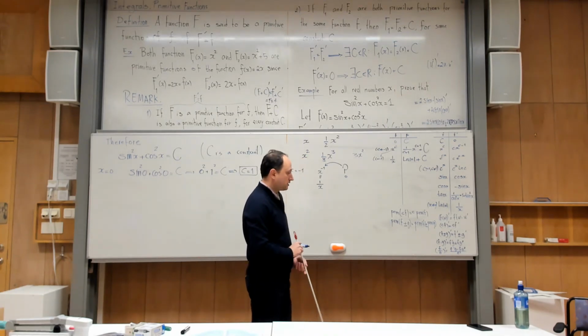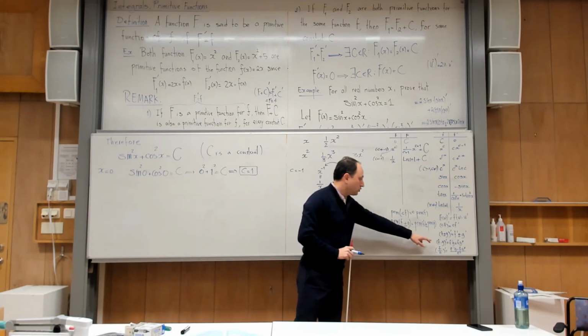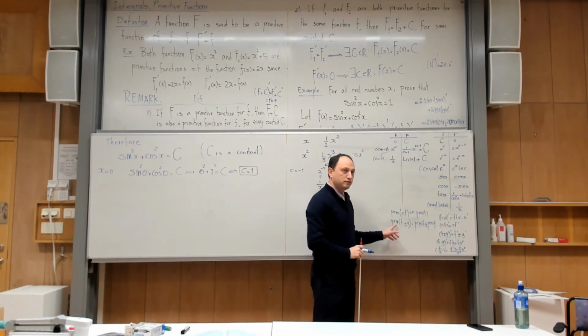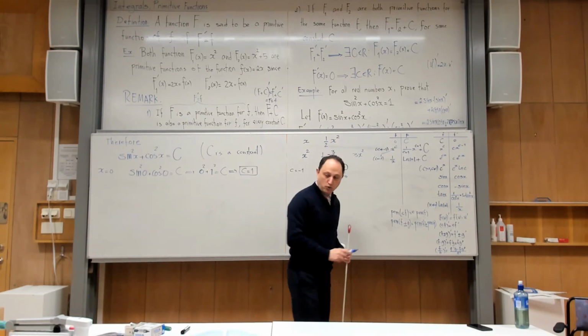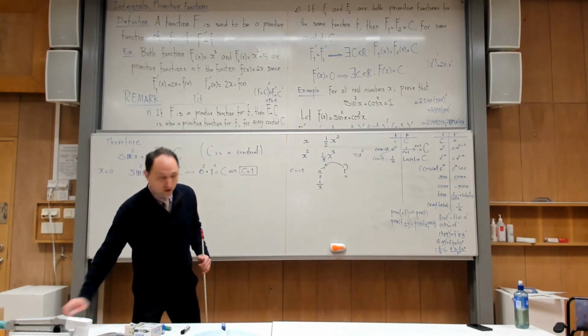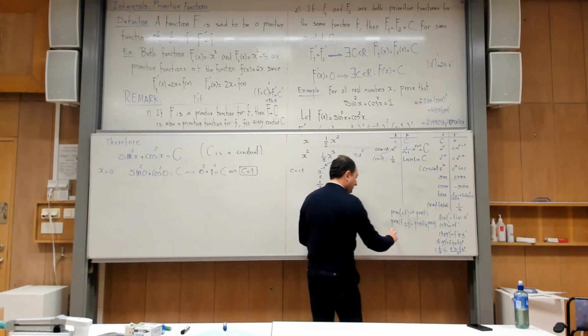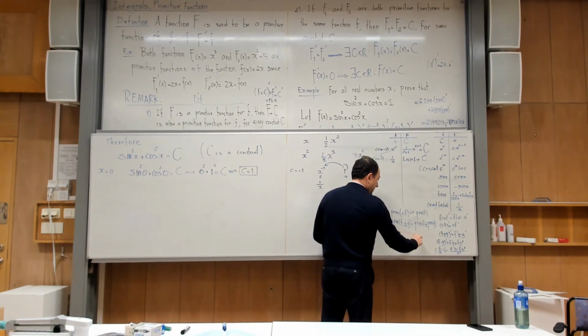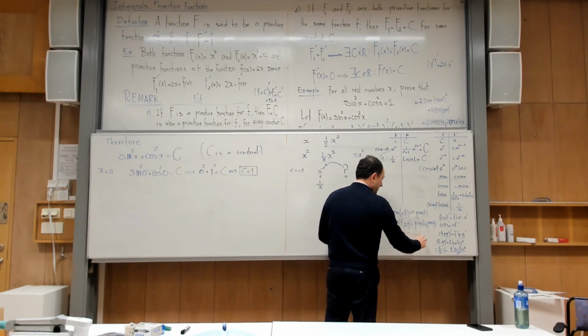Maybe we will study a little bit of that in Math 5, but not in Math 4. So we do not have a very simple formula for the primitive function of the product. What I want to emphasize, I want to write it and cross it out: don't think that the primitive function of f times g is equal to the primitive function of f multiplied by the primitive function of g.